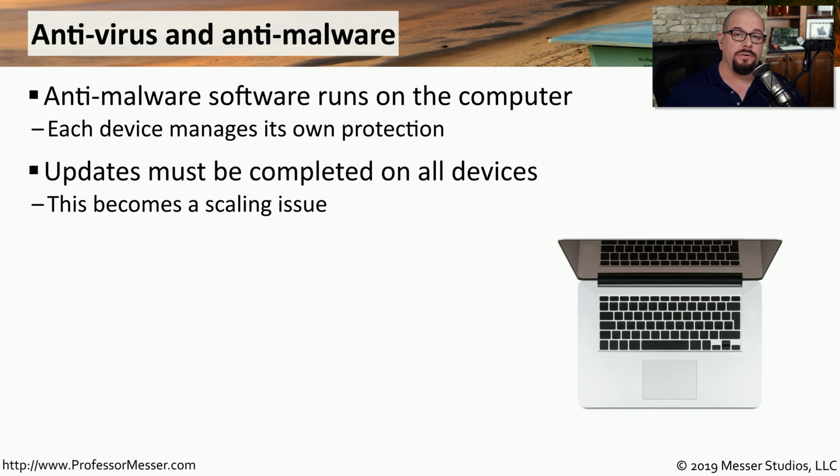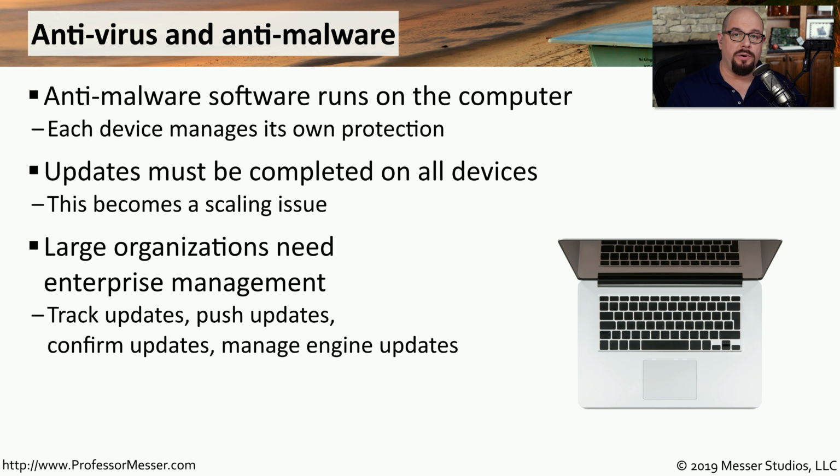You might have all of your devices gather those updates directly across the internet, or you may have a centralized server inside of your organization, and all of the updates come from this local device. Your security administrator then has to be able to track all of these systems and know that they have the latest version of antivirus and anti-malware and that they're running the latest signatures.